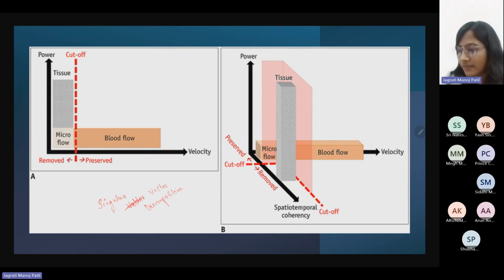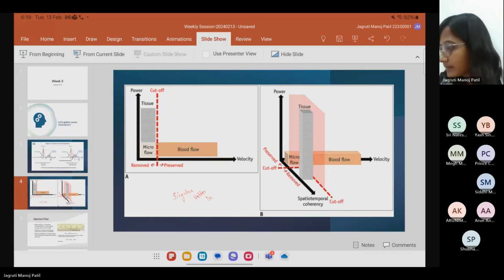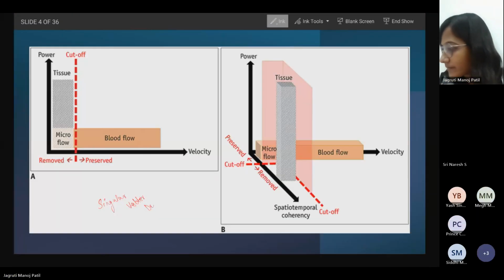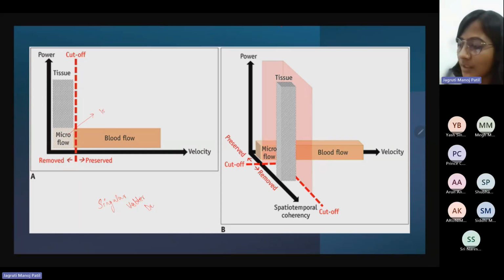Say you have a signal where this is the microflow that you want to detect from the smallest arteries, the microvessels, whose diameter is around 100 microns or say 200 microns.